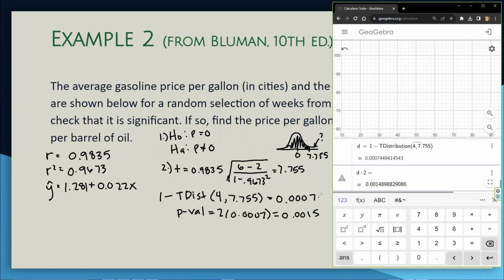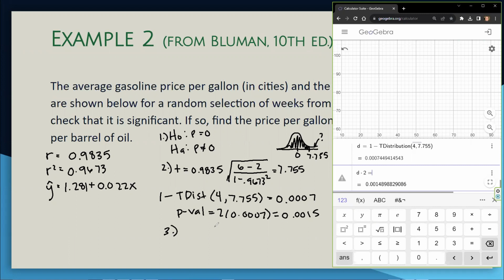And you'll notice that makes a difference if you do the variable times 2 versus 0.0007 times 2. If we doubled the rounded answer, we get 1.4 instead of 1.5. So again, if you're seeing small differences, that's rounding error.